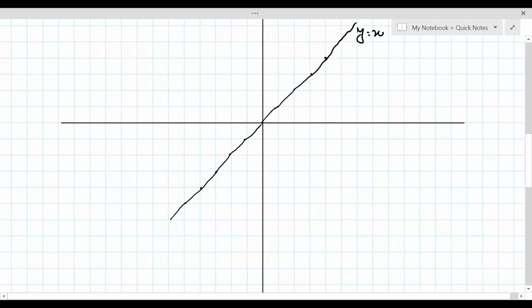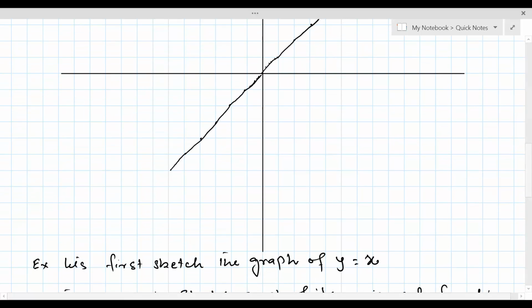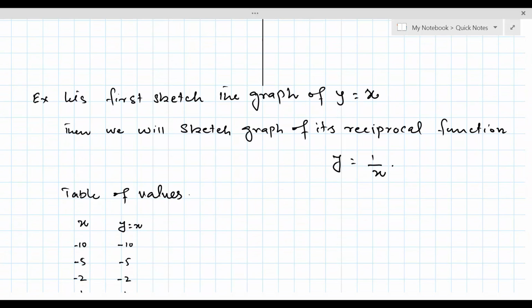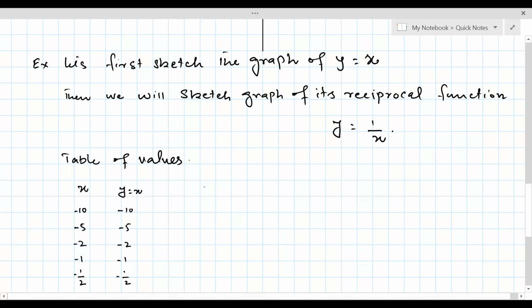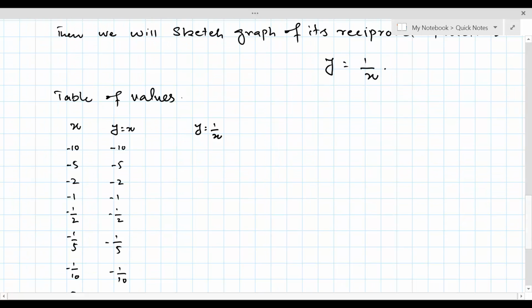Although we have many points on the line just around the origin from the table of values, that's what the graph of the line y is equal to x would be. Now if we want to draw the graph of its reciprocal function y is equal to 1 over x, we take the reciprocals of the same values of x. Minus 10, when reciprocated, will become minus 1 over 10. Minus 5 will become minus 1 over 5.